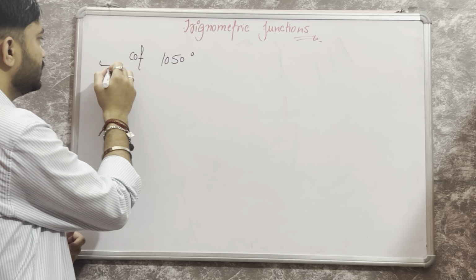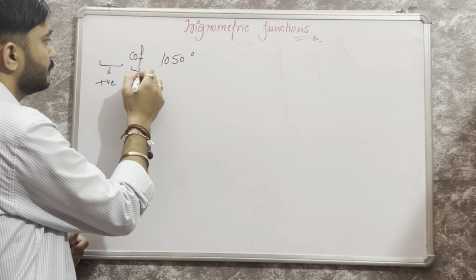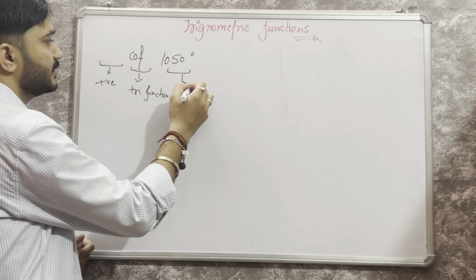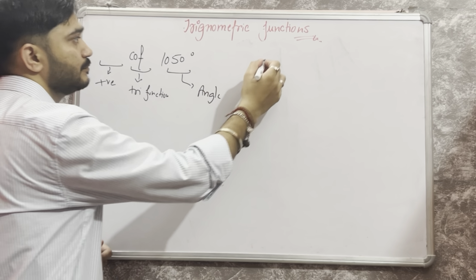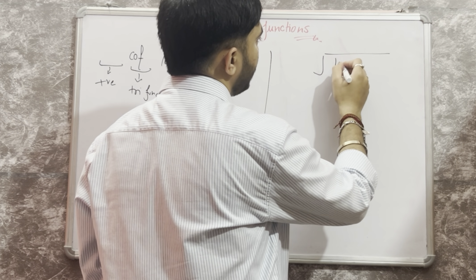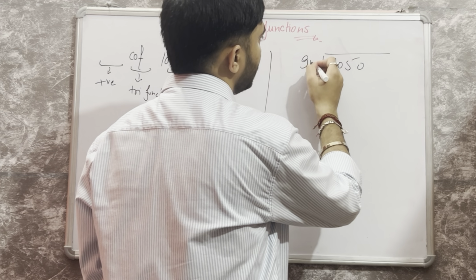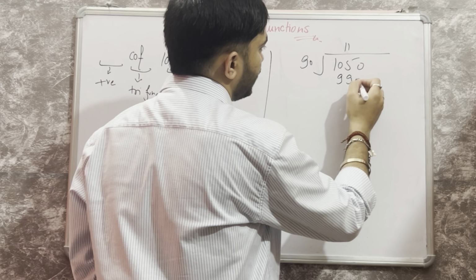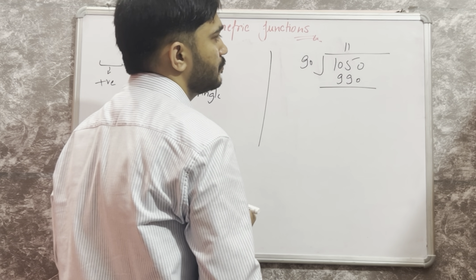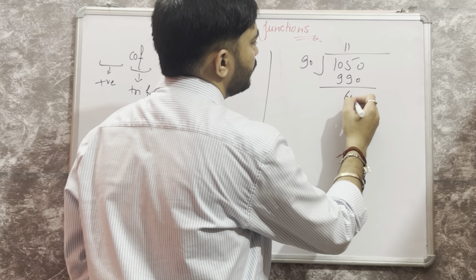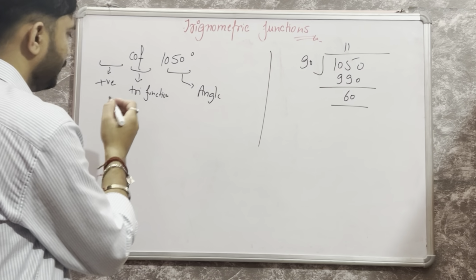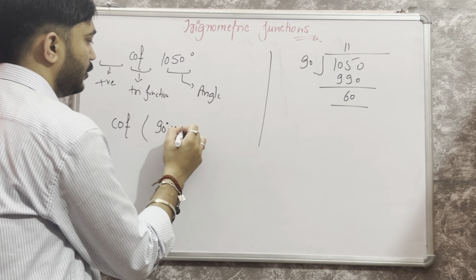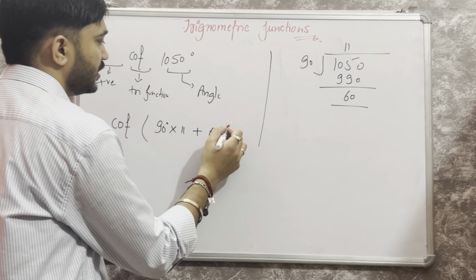So sign, trigonometric function, angle. What we are going to do is divide 1050 by 90. 90 times 11 is 990, and the remainder will be 60. Represent it like that: cot of 90 into 11 plus 60 degrees.